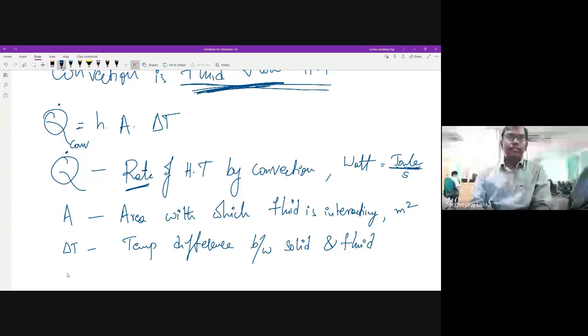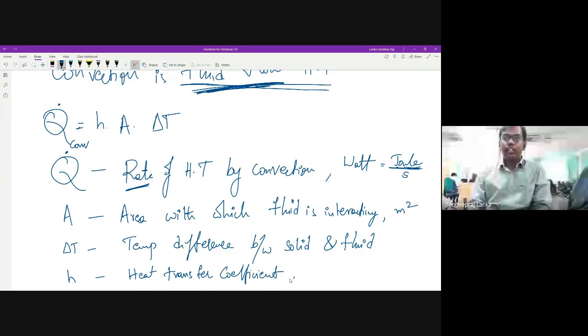Then H is there here. H is your proportionality constant. We call it heat transfer coefficient.